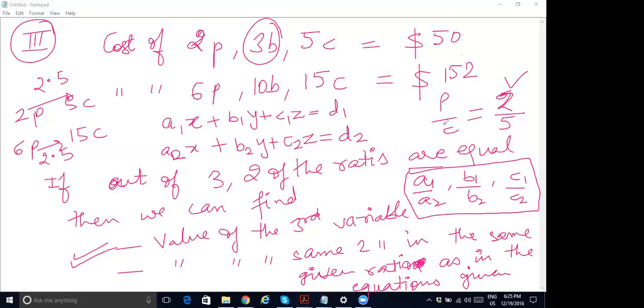It can be 2p plus 5c, it can be 4p plus 10c, it can be 100p plus 250c, anything, but in the same ratio.